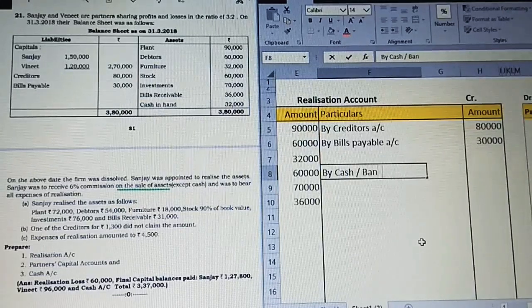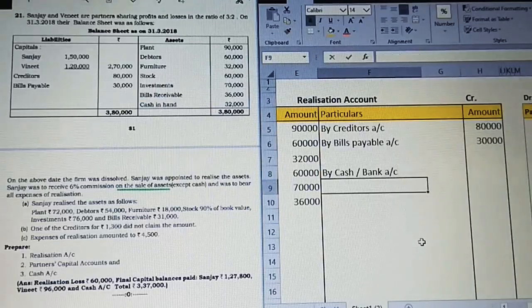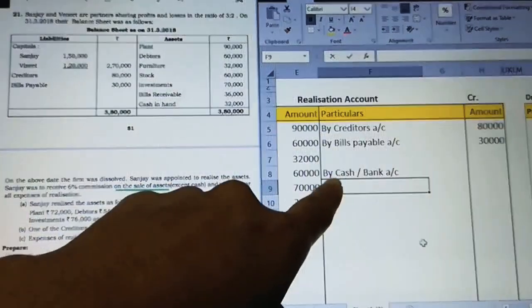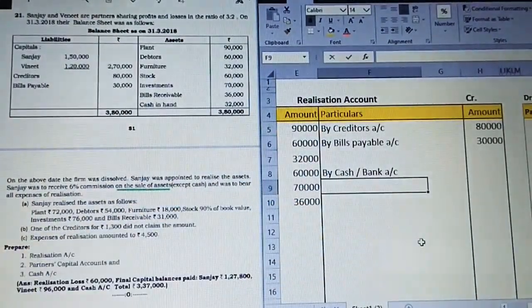Observe, only when the words taken over are given do we have to transfer to the concerned partner's capital account. Here it is realized. So whether the partner is realizing, or the company is realizing directly, or through any broker or intermediary, we have to always take cash or bank because it is sold out.